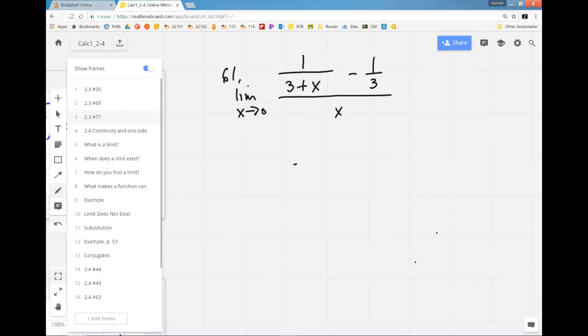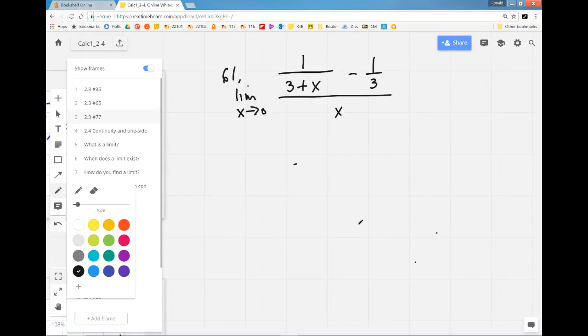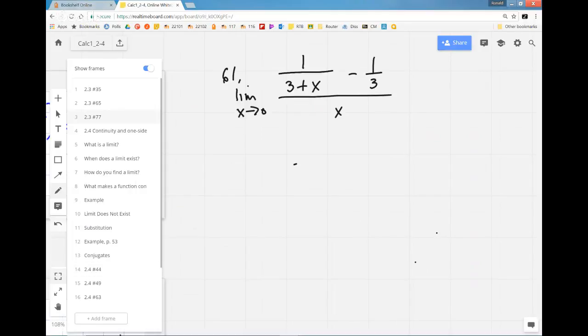And you can't substitute because of that x on the bottom. So we've got to do something with that top in order to get it so we can. We can get those together with a common denominator. And what's the common denominator?